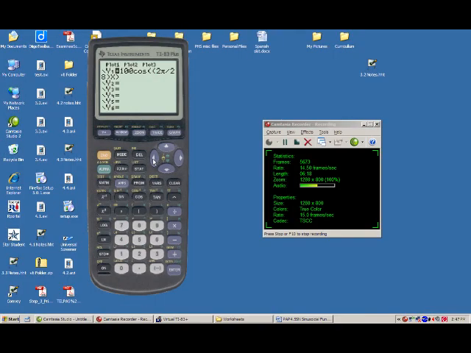I knew that didn't sound right. Okay, 23. And for my y2, I'm going to have 100 cosine. It's always good to practice this along with me instead of just watching me do this. That way you're getting the practice on the calculator.